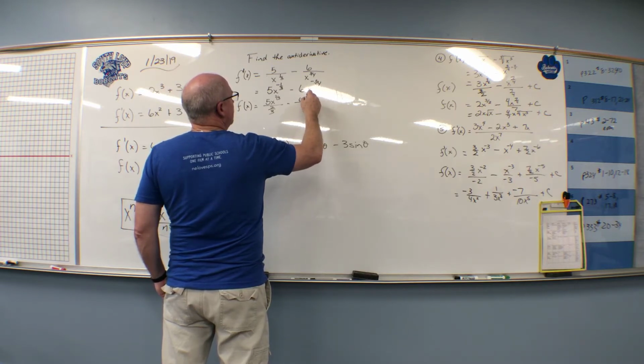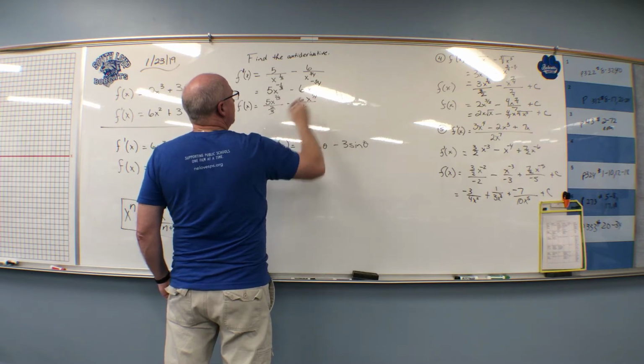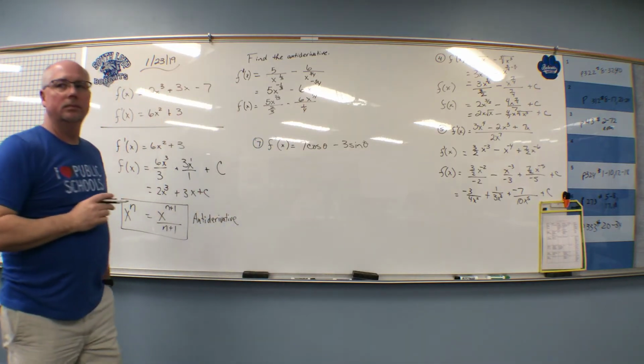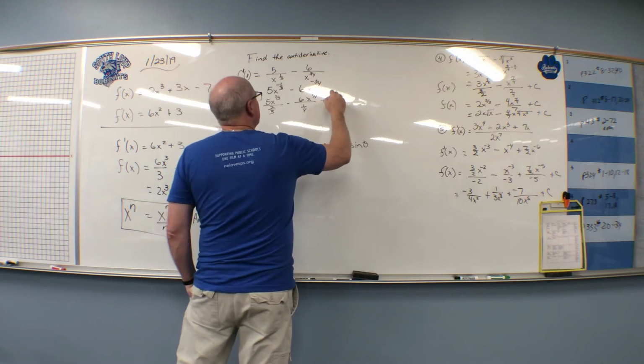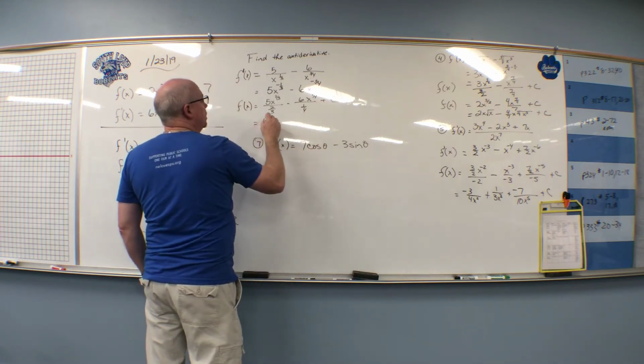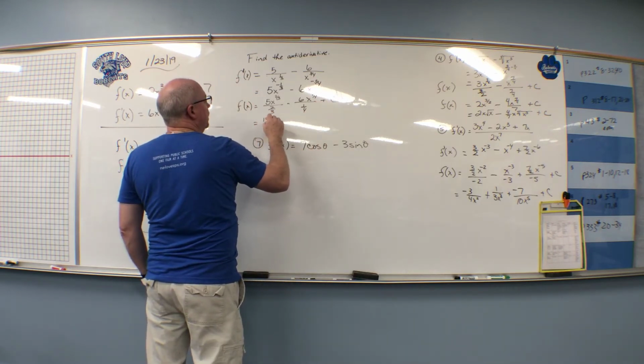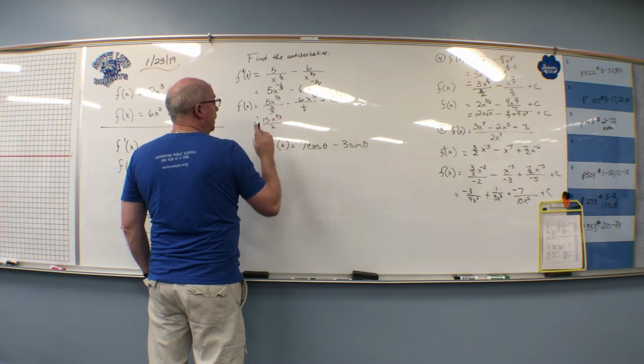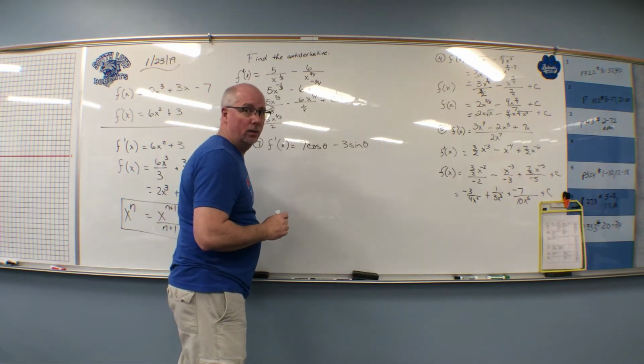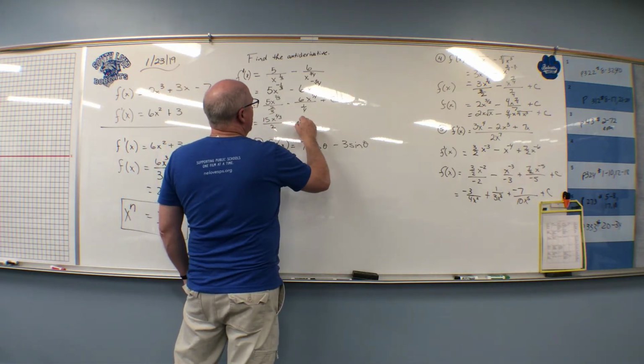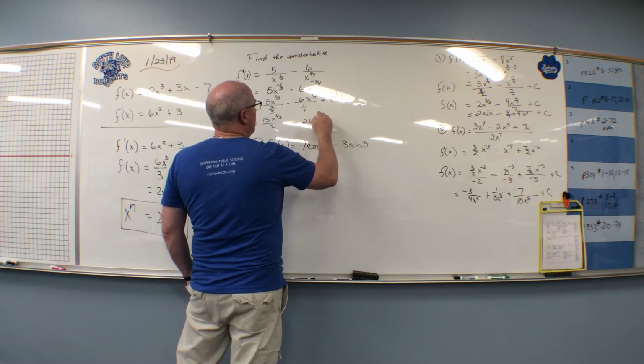Yeah, I think so. So this would be 15 x to the 2/3 over 2, and can I leave it like that? Yes, because it didn't start in radical form. Right? Minus 24 x to the 1/4.